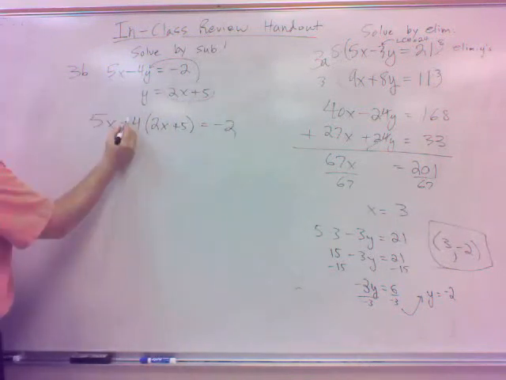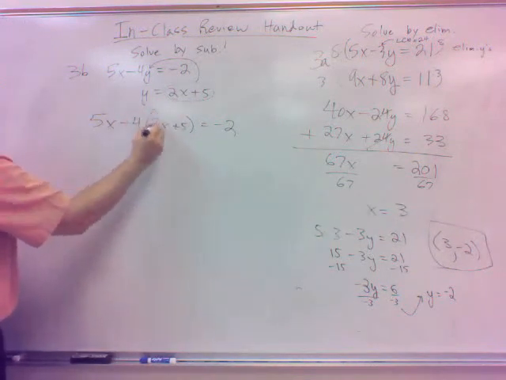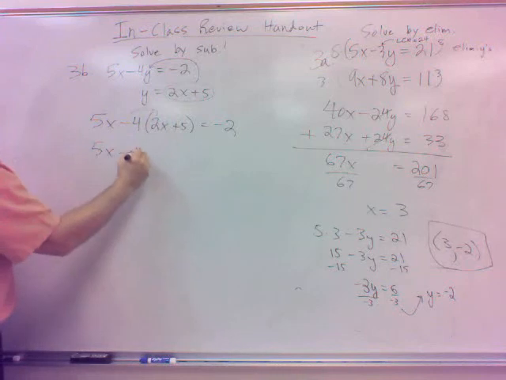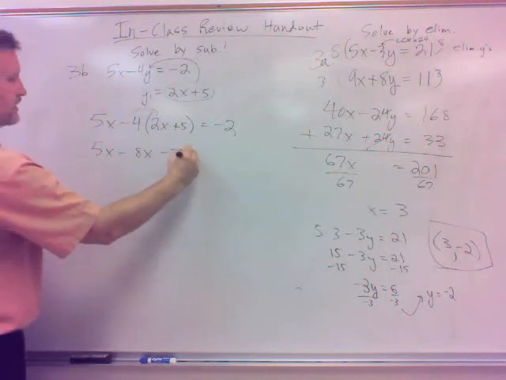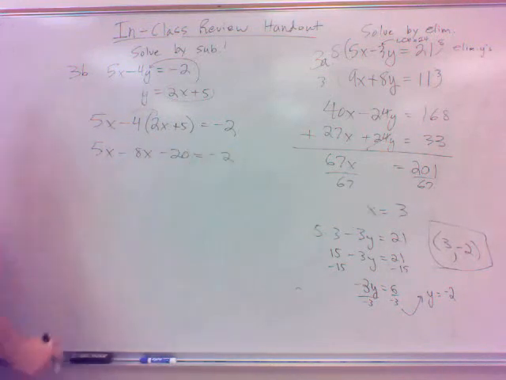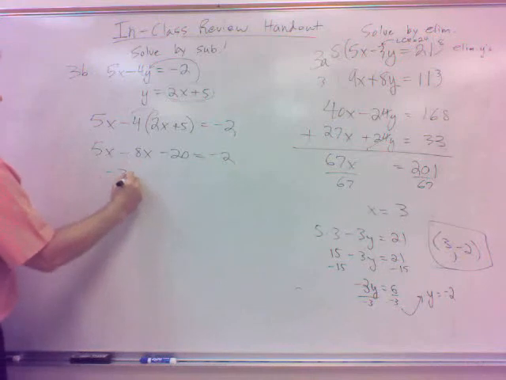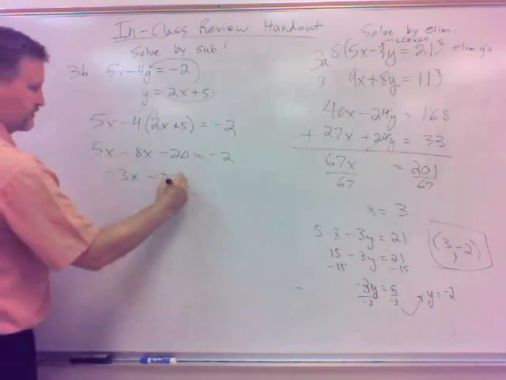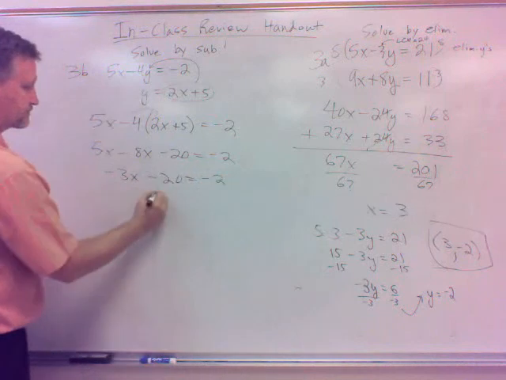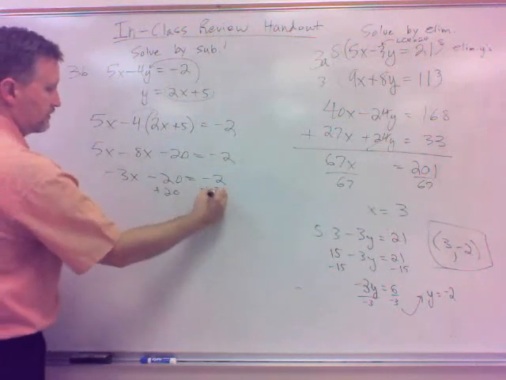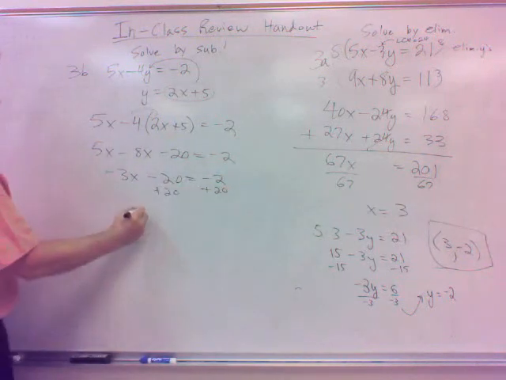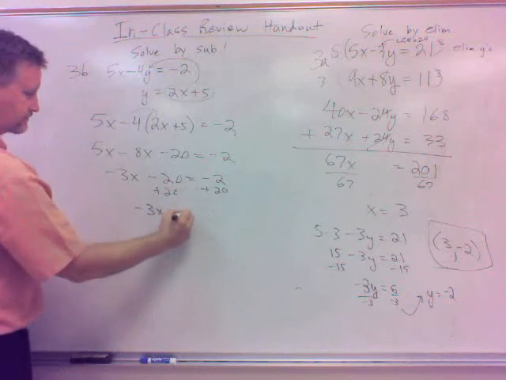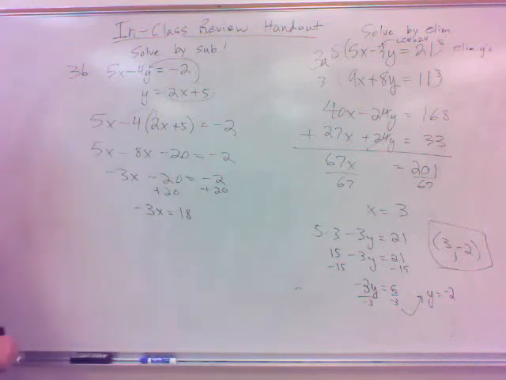Just a little bit of distributing. Distribute the minus 4, so that would be 5x minus 8x minus 20 equals negative 2, which gives me negative 3x minus 20 equals negative 2. Add 20 to both sides, and negative 3x equals 18.